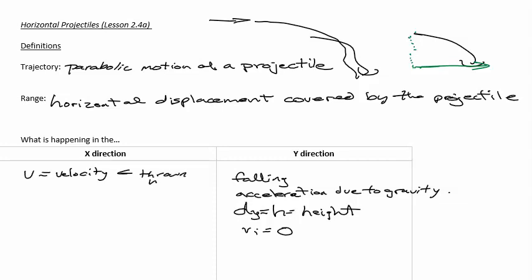Because it's thrown horizontally, all the velocity is that initial velocity in the x direction, but there is no acceleration here, because gravity works in an up-down fashion, not in an x direction.